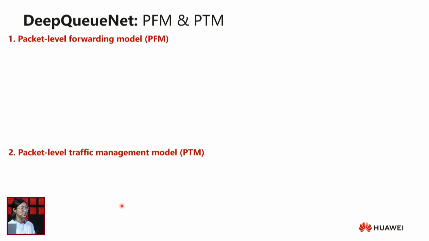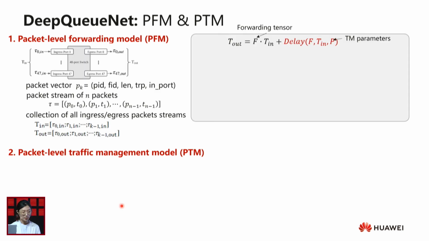Let's show more details about what PFM and PTM are. We put the information of a packet into a packet vector, and this is a packet stream of n packets, and the collection of all ingress and egress packet streams can be expressed with T_in and T_out. And here is our complicated function. Usually, it's very hard to model it, and although methods like queuing theory have tried, they rely on very strong assumptions. First, we look at the first part.